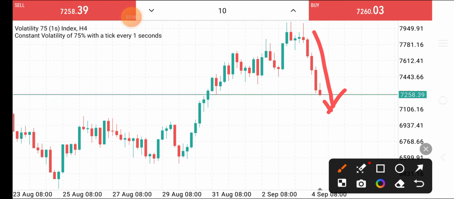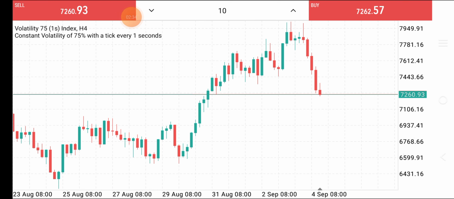It's just that the 4 hours time frame is a macro view of what is happening in general. Each candle forms in 4 hours, like a general view of what is actually happening in the market.